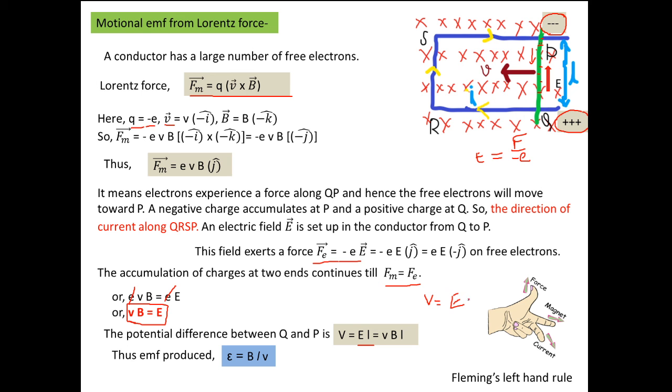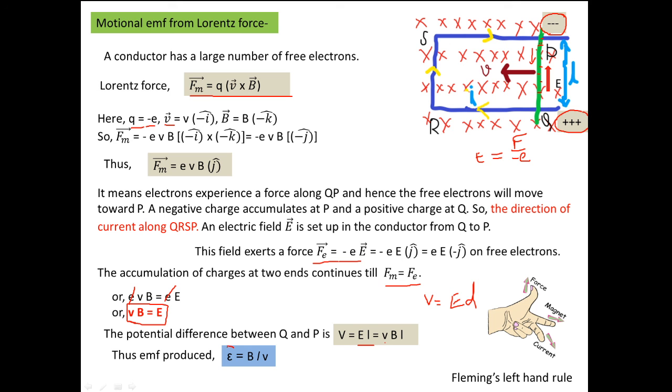Here d is the distance, and the distance between Q and P is L. So in place of d, L will come. So V equals E into L, and now E equals vB. So the expression is V equals velocity into magnetic field into length of the rod.